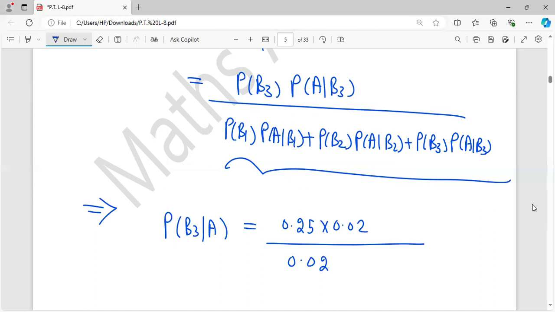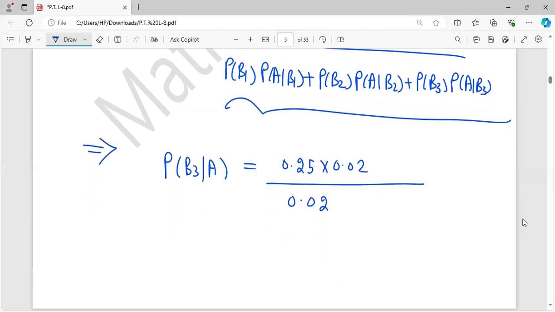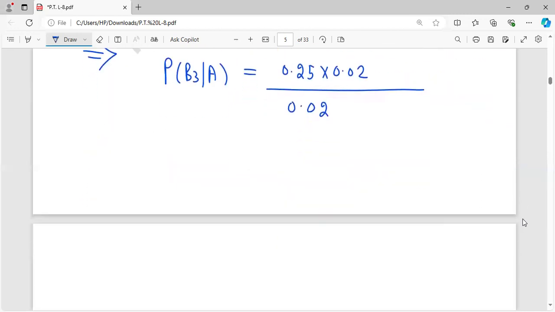Okay. So this value is equal to 0.215. So what is this?